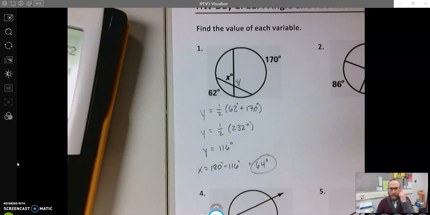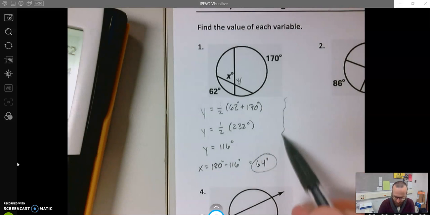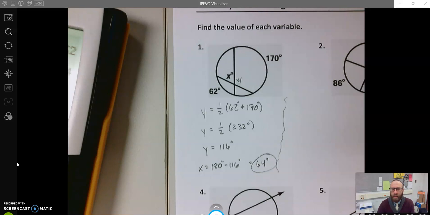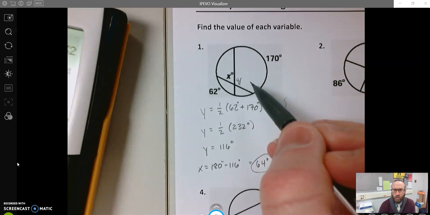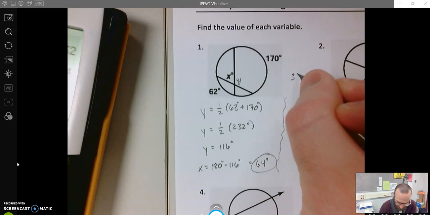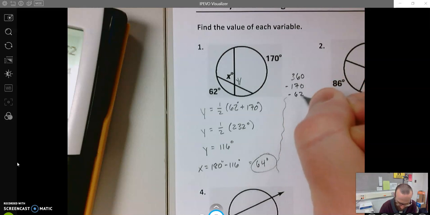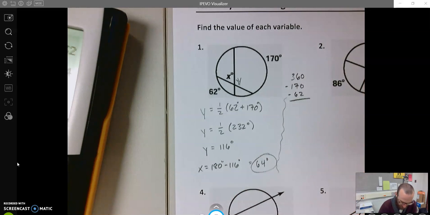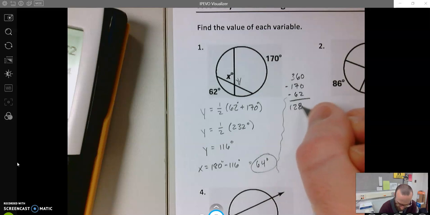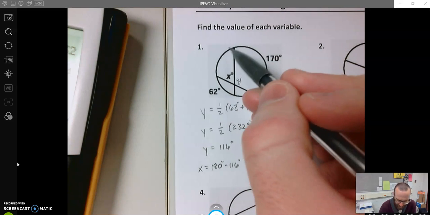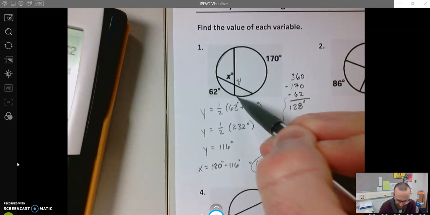Okay. Now, the other way of doing that, and I'll show you that here right now, I know that a whole circle has 360 degrees. So 360 minus 170 minus 62 is 128 degrees. That's what's left over for this arc and this arc.